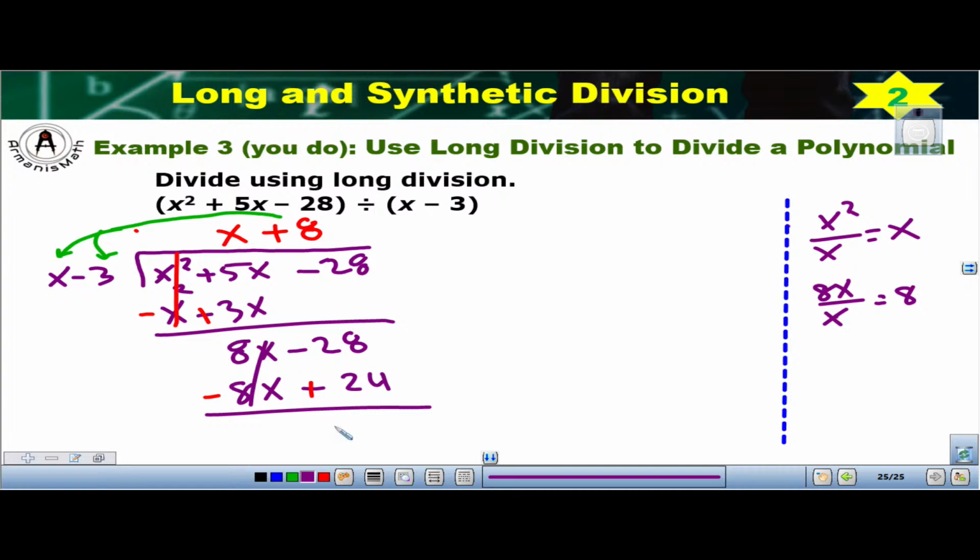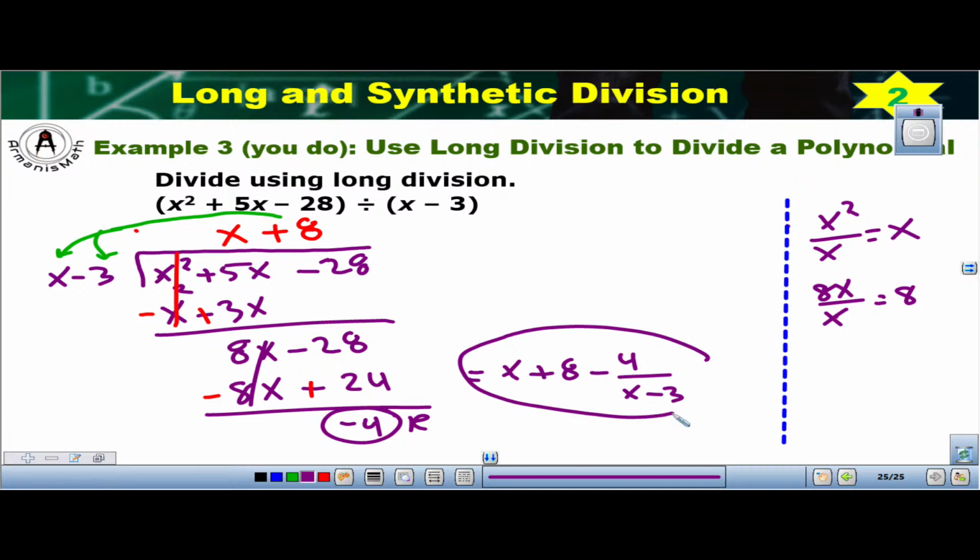And then I have plus 24 minus 28. Negative 28 plus 24, that's a negative 4. That's my remainder. So my answer would be x plus 8 minus 4 over x minus 3. That should be my answer for this problem here.